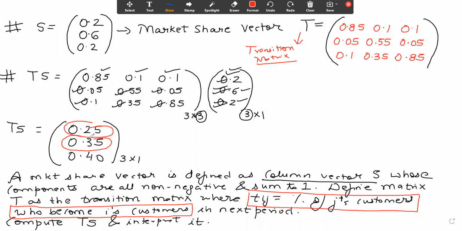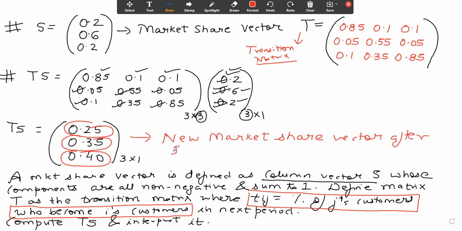And C initially had 20% of the market share. Now C has 40% of the market share. So I can say this is my new market share vector after one period.